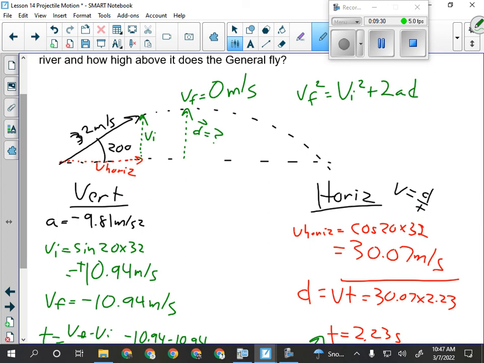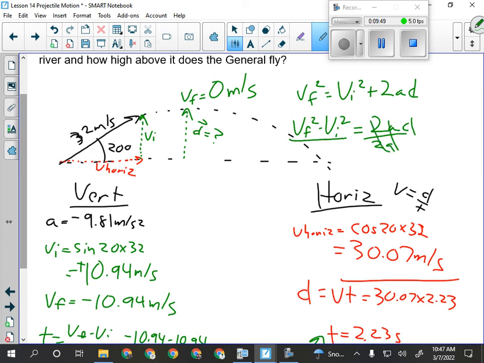Okay, this will allow me to calculate the maximum height of the General Lee without time. So I just need to manipulate for D. So I'm going to subtract VI squared over to the other side, and then divide by 2A.